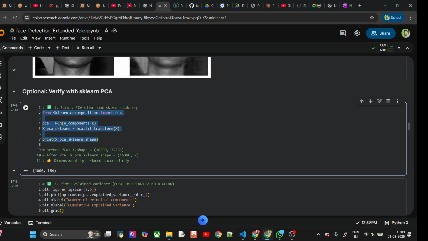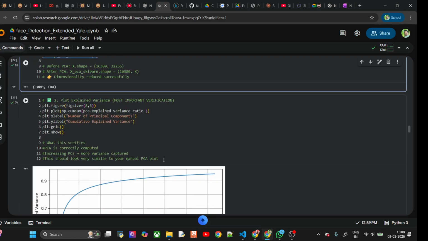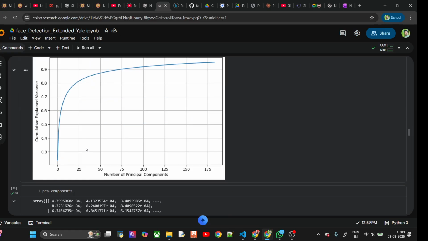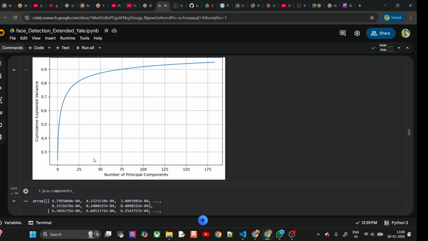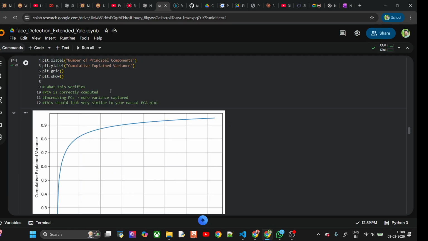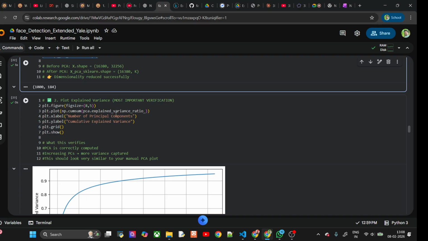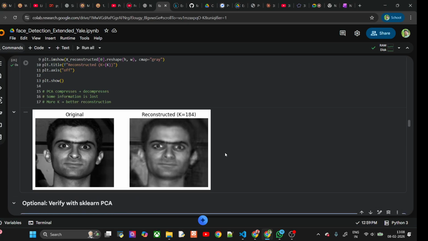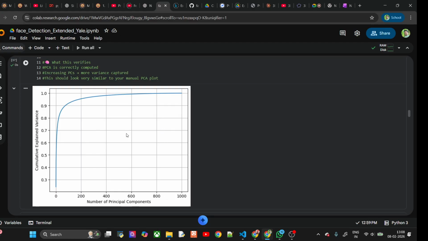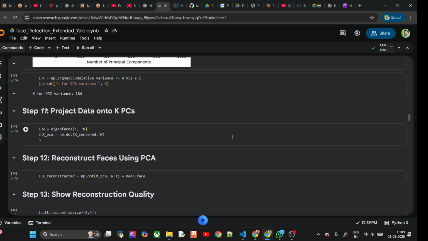I just did these 4-5 lines of code, and it gave me the k value. I just wanted to see how many k values I am supposed to get. This graph and the earlier graph we got are more or less similar. It also gives k as something like 184.